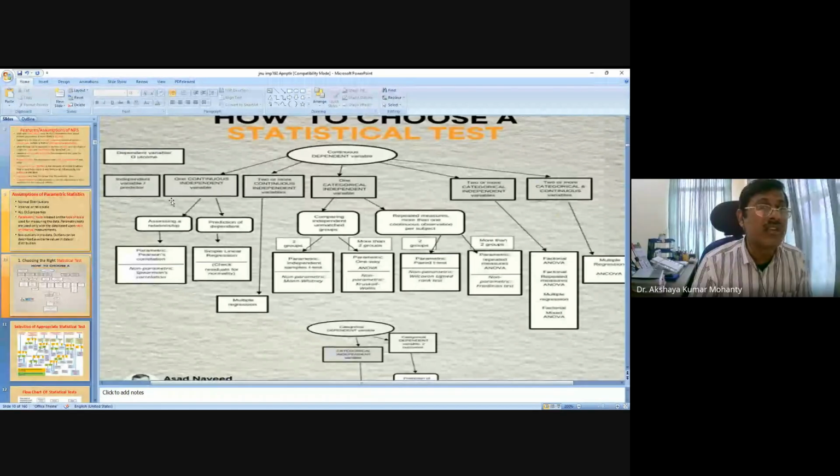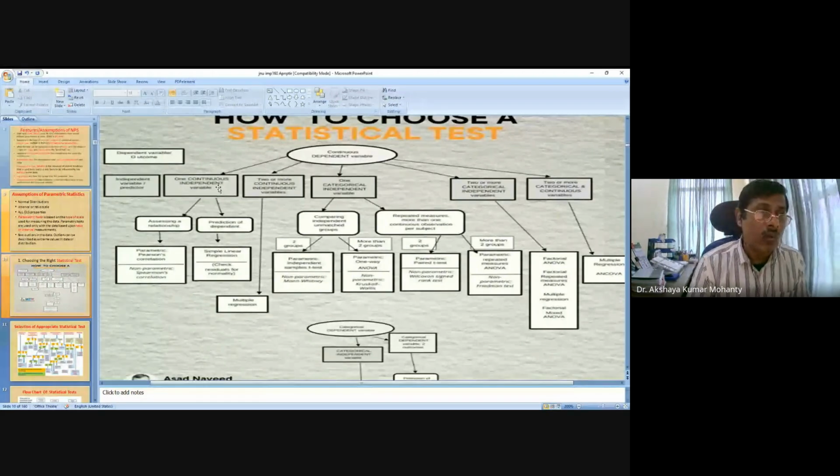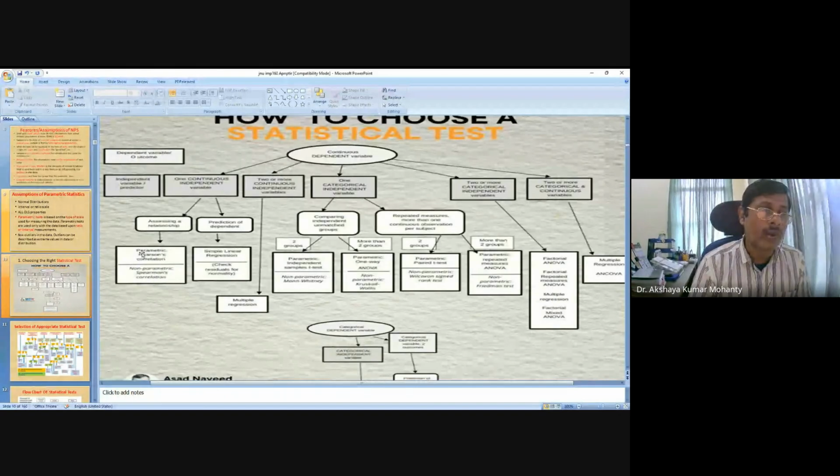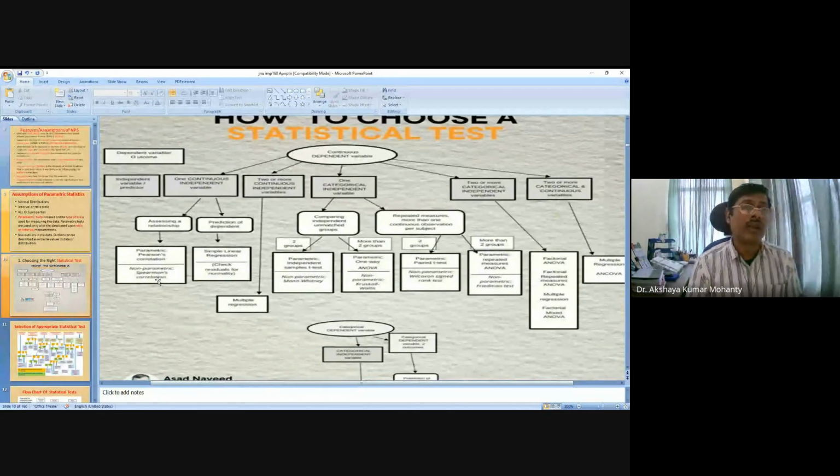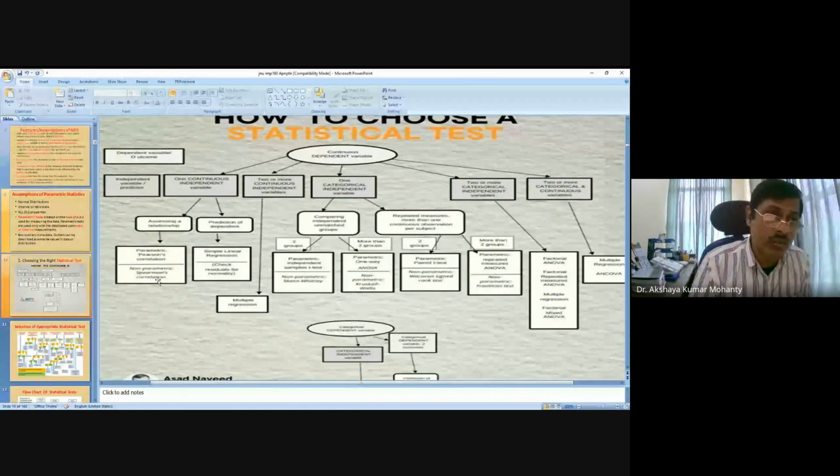We can fit the one dependent and one independent variable. Simple linear regression comes under the parametric test. Why? Because there is normality, there is OLS, that means there is normality. So the simple linear regression approach is also parametric, but for the assessment only you can go for the non-parametric.